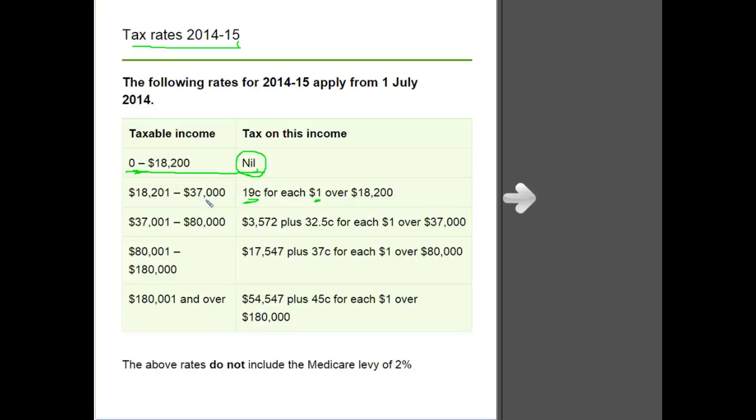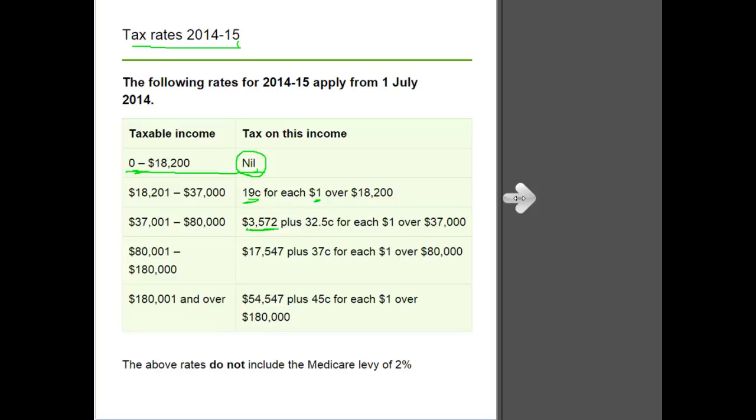And if you do get $37,000, then you would pay $3,572 in tax, because if you took $37,000 and took away the first $18,200, you'd pay 0.19 of what you had left over, or 19 cents for every dollar.